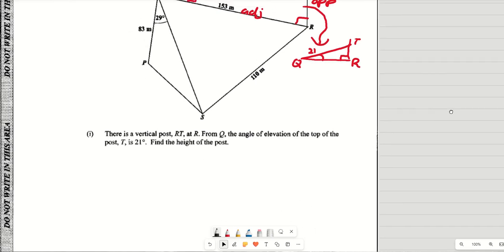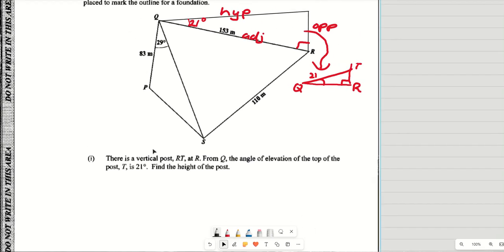Find the height of the post. That is, we find the height of this line. So your RT is equal to your height. The angle is equal to 21. And then we have your adjacent.